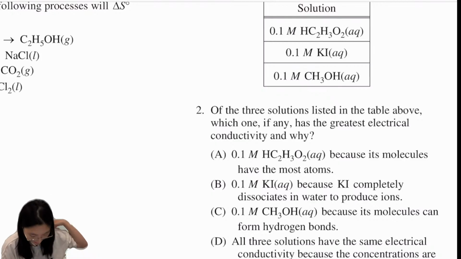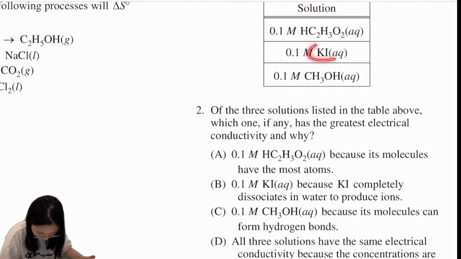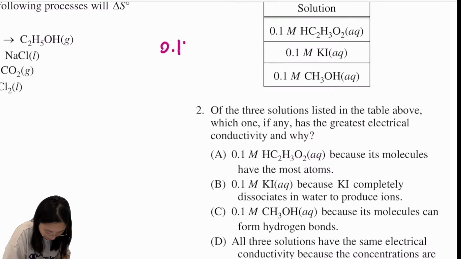A lot of people gave me the answer B. B states 0.1 molar potassium iodide. Perfect. This is the only ionic solid, so it completely dissociates. You will have 0.1 molar of the potassium cation and 0.1 molar of the iodide anion.